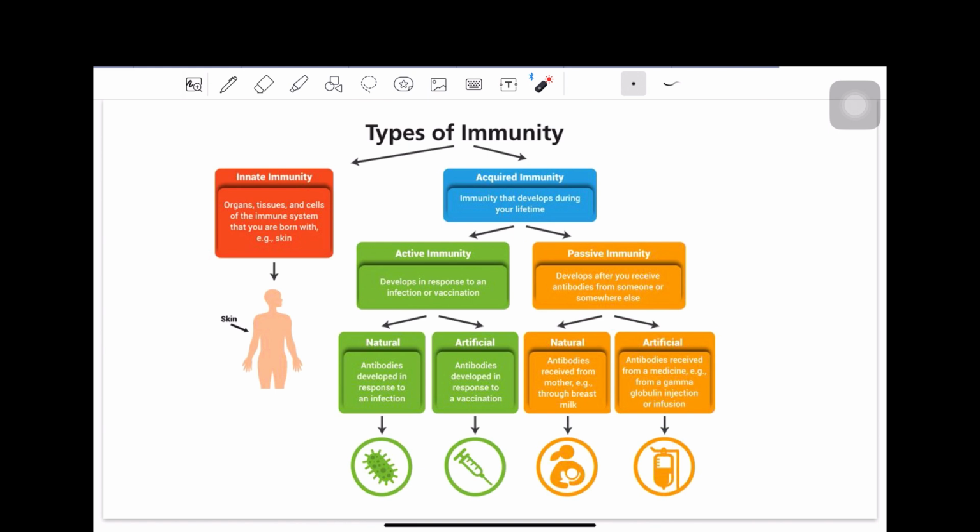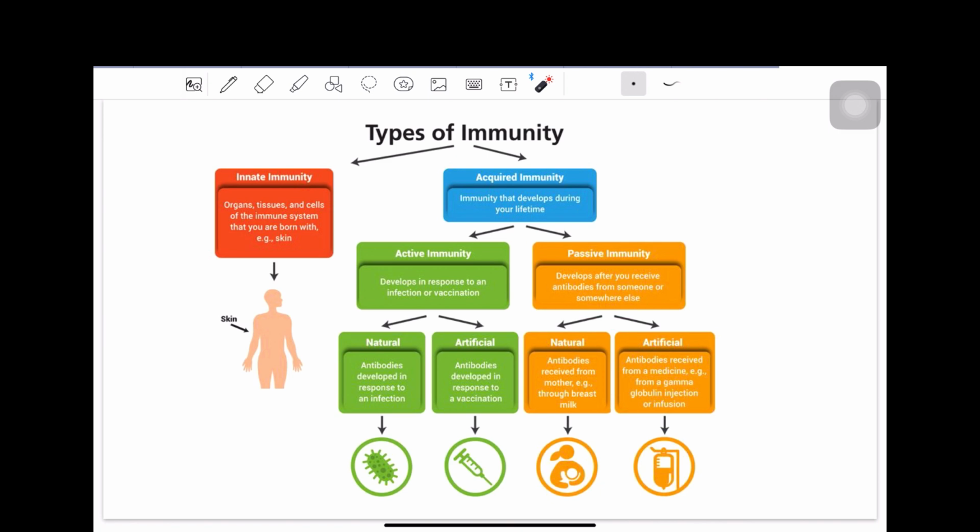Even though this does not cause any disease, it protects us from further infections with the same virus. Or it can be any other type of pathogen also.